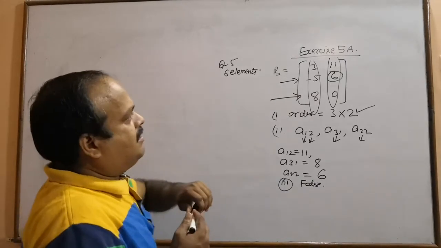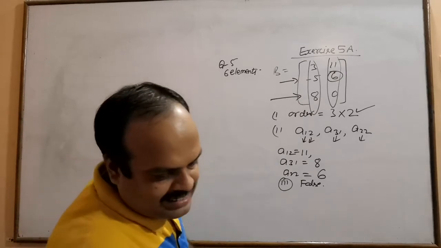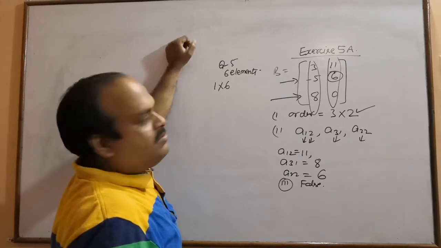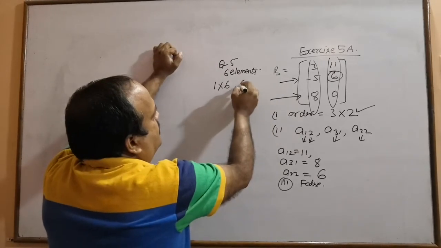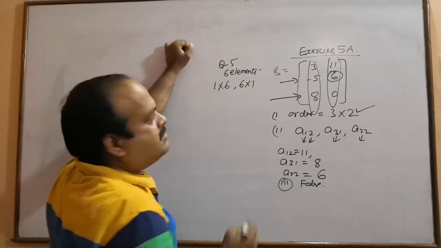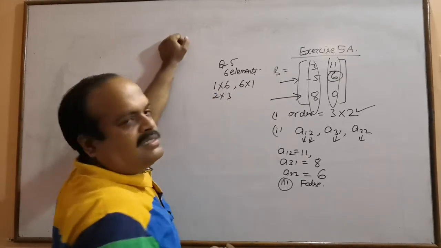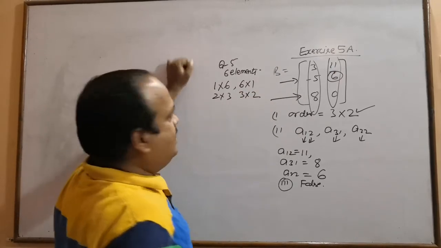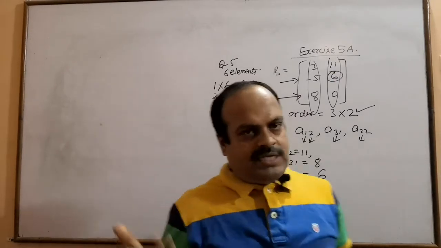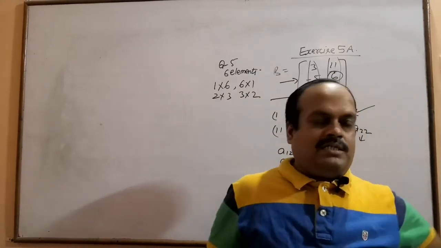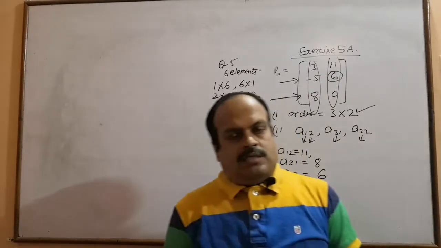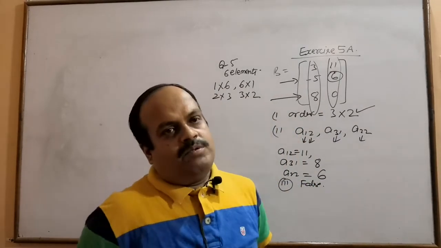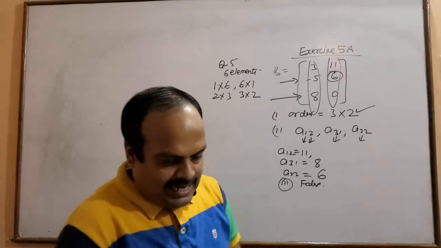So you can answer 1 cross 6, 1 into 6 is 6. 6 cross 1. 2 cross 3. 3 cross 2. Any other? 1 into 6 is 6, 6 into 1 is 6, 2 3s are 6, 3 2s are 6. So these are the possible orders of the matrices which we can form using 6 elements.